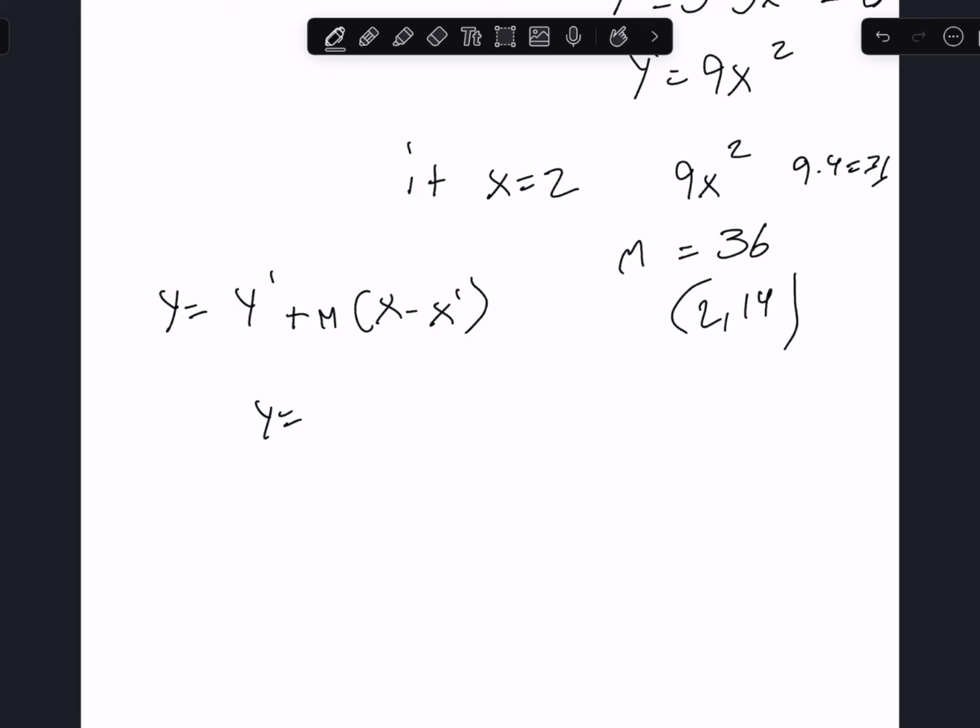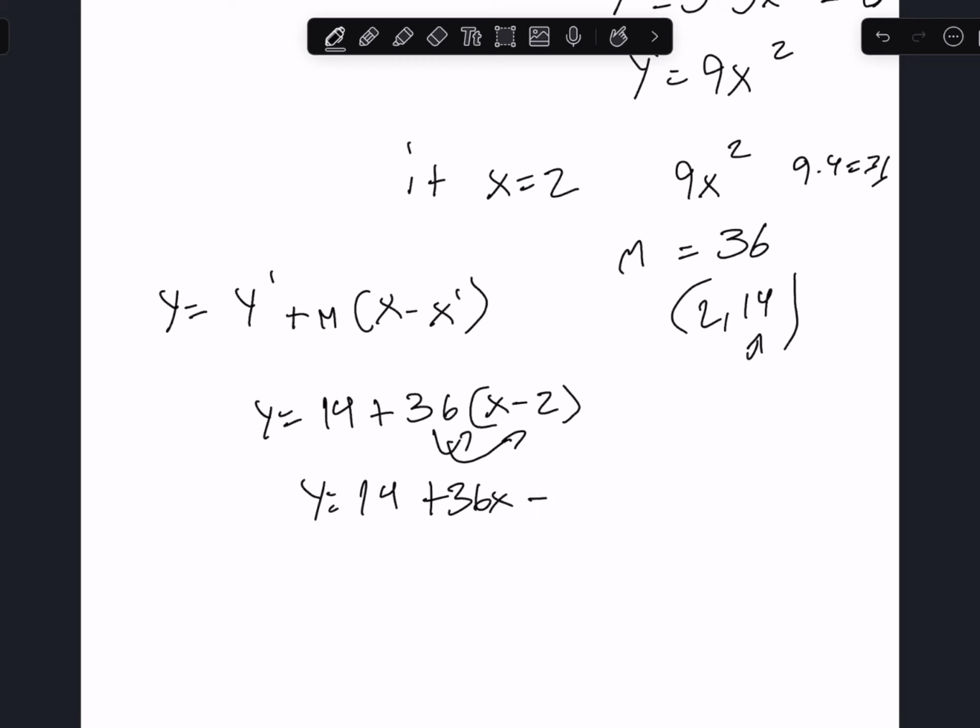Right, we grab our original y from the original point given to us, which is 14, plus the slope that we just found, 36, parentheses x minus 2, which was the x given to us at the original point. So we distribute 36, y equals 14 plus 36x minus 72, and if we further break this down, we get y equals 36x minus 58.